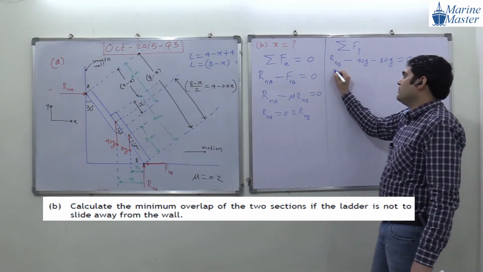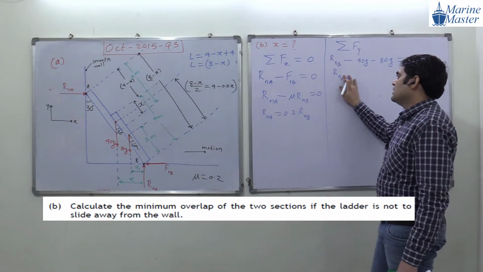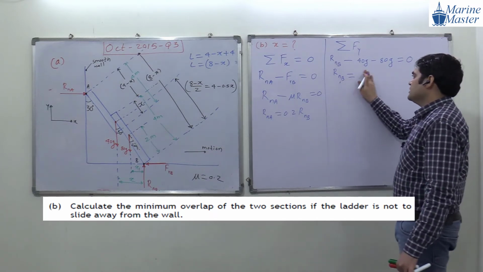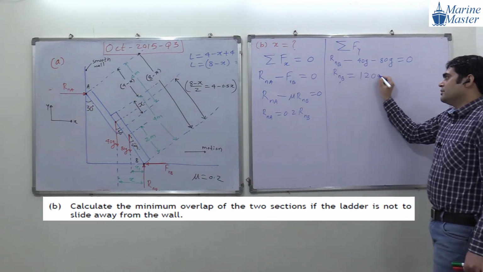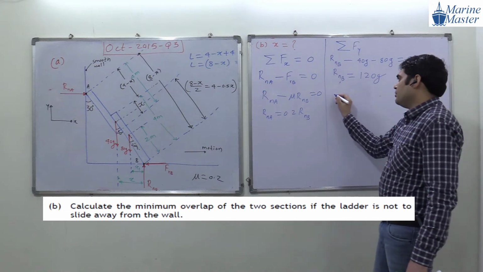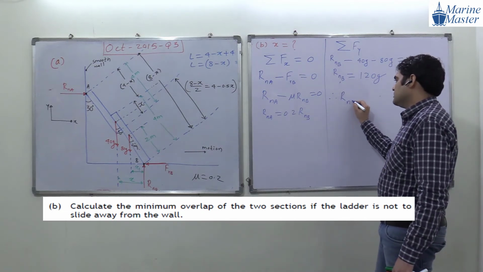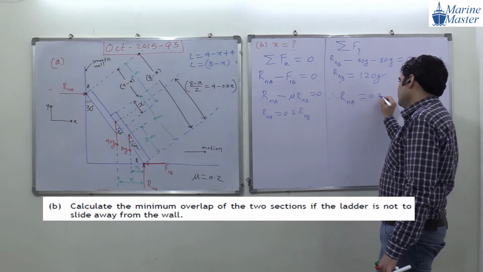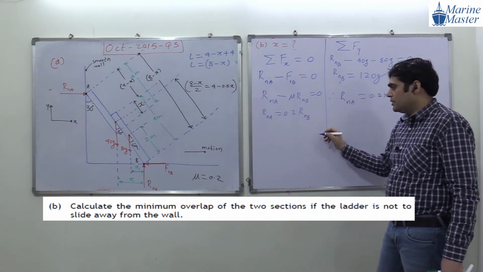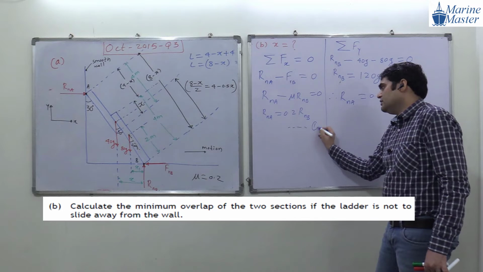So RNB will become 120G. We got RNB as 120G, and therefore RNA will become 0.2 times RNB, where we put that value. Are you getting my point? We will call this equation 1.